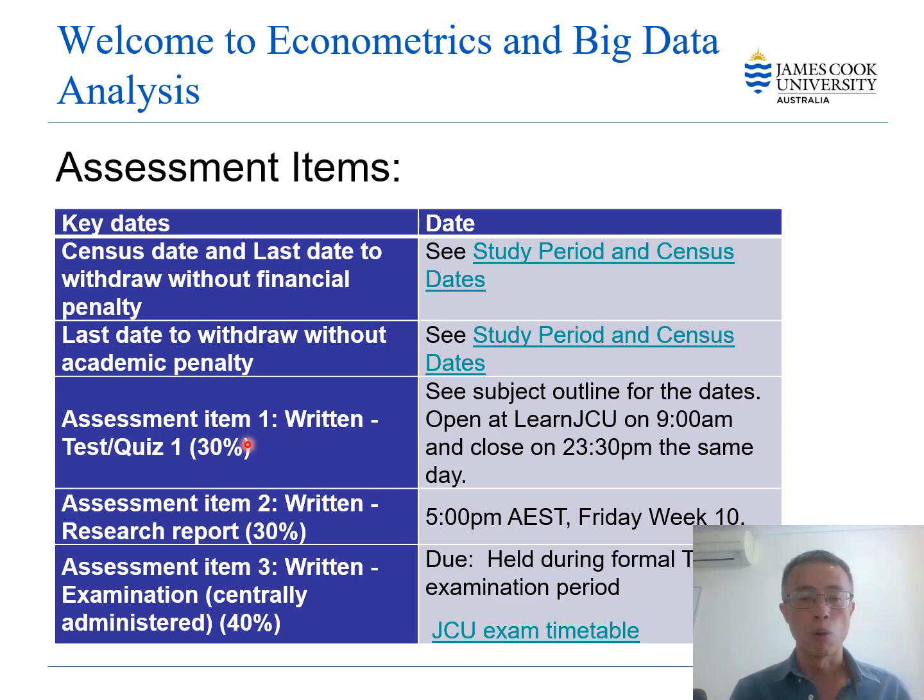It accounts for 40% of your final score, and it is centrally administered. When we are getting close to the examination period, the exam office will release the dates, which should appear on your eStudent. Okay, these are the three assessment items for this subject.